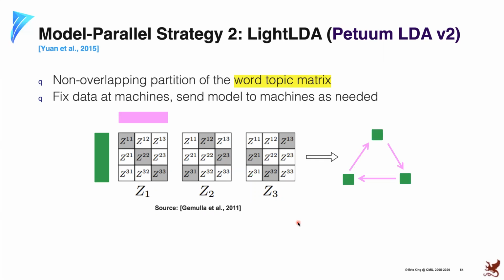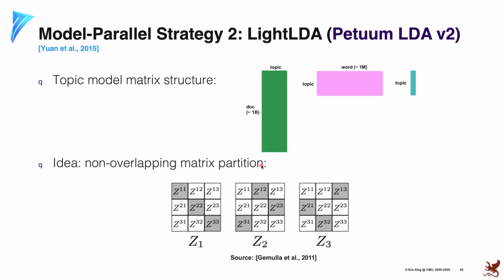Basically, we can view that for this LDA model, both LightLDA and GraphLab LDA split the parameters themselves and also split the data to different workers.